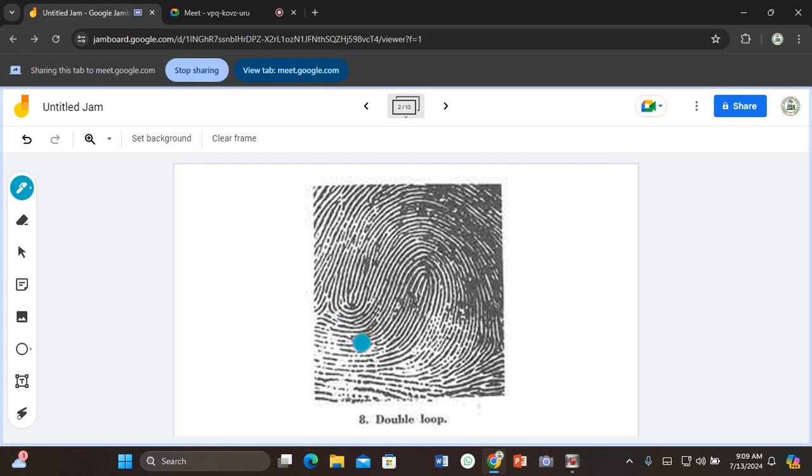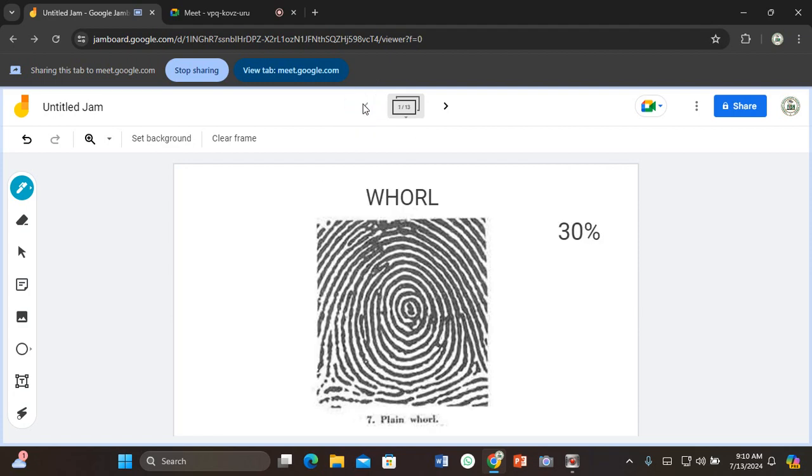If you look at the screen, you can see that there is a lot of difference in the structure. The design of this group is totally different from the first two. This group, whorl, is about 30% of all the fingerprints that you'll be encountering.